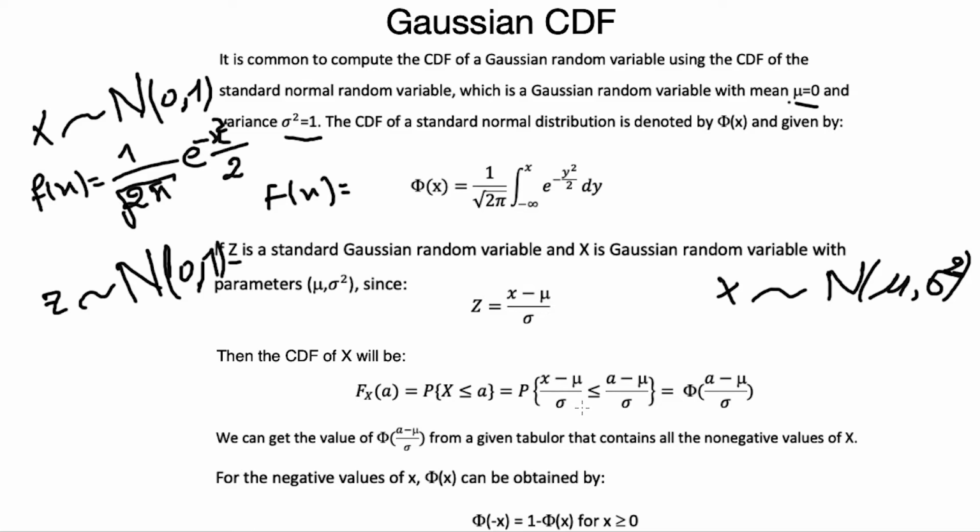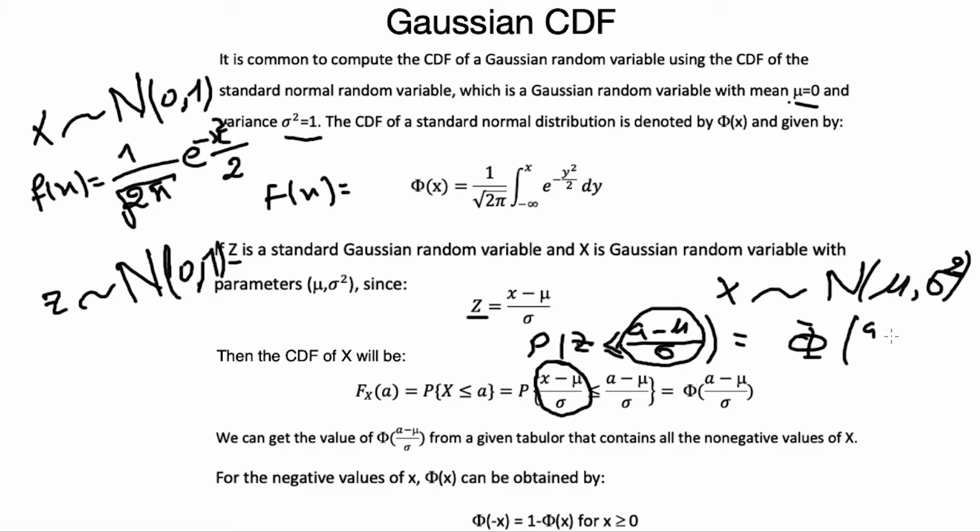Looking at this expression, we get P(Z less than or equal to (a minus mu) over sigma), and this is a constant value, so that means we get phi, the CDF of the standard normal random variable, which is phi of (a minus mu) over sigma.